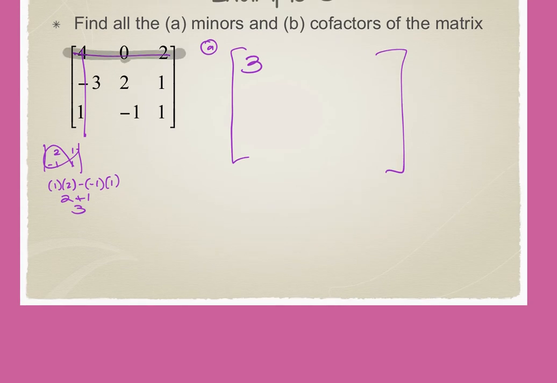Then I go to the next spot where the 0 is, and I cross through the row and the column that the 0's in, and I have left -3, 1, 1, 1. So it's 1 times -3 minus 1 times 1, -3 minus 1, which is -4.